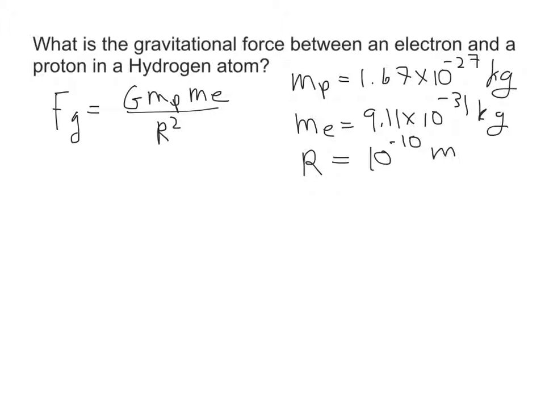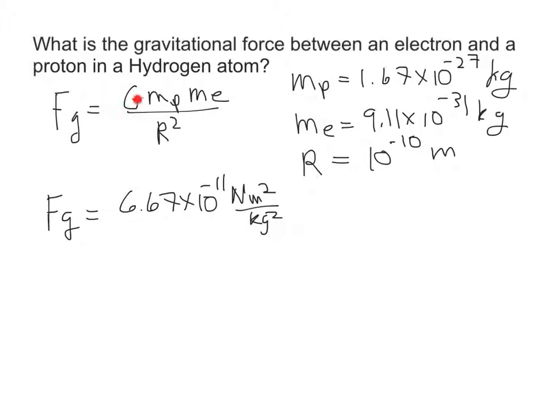And so now all I have to do is plug in just like I did before, and I can say, well, the gravitational force between them is 6.67 times 10 to the negative 11th newton meter squared per kilogram squared. That's my G. And then I multiply that by the two masses, which is 1.67 times 10 to the negative 27 kilograms times 9.11 times 10 to the minus 31 kilograms.